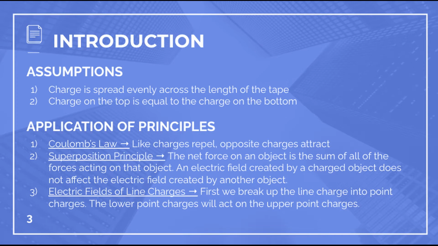The superposition principle tells us that the net force on an object is the sum of all of the forces acting on that object, and an electric field created by a charged object does not affect the electric field created by a different charged object. For the electric fields of line charges, first we break up the line charge into many point charges, and then the lower point charges will act on the upper point charges.